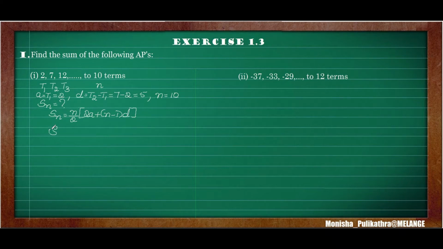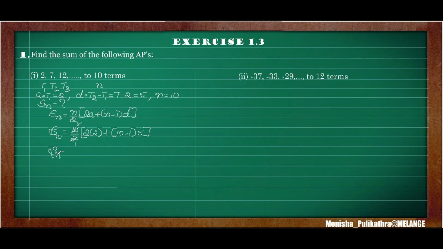N is 10 here, so SN is equal to 10 by 2, that is N by 2, into 2A, that is 2 into A is 2, plus N minus 1, N is 10 here, so 10 minus 1 into D, D is 5.